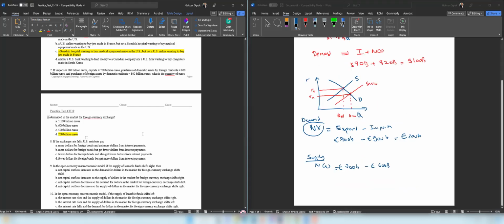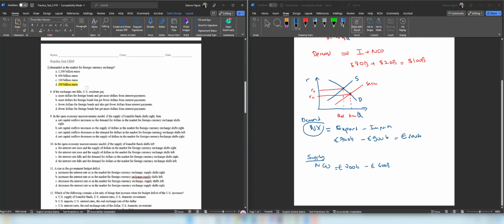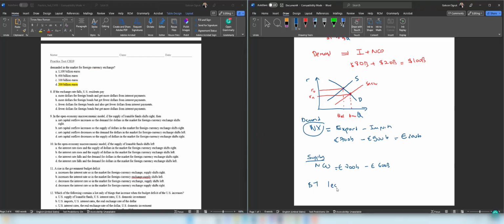That's the demand. Number 8, if the exchange rate falls, that means each dollar buys less euro. And for that reason, to buy foreign bonds, you need more dollars. So you need more dollars for foreign bonds, but the euro bond is going to pay you interest in euros.